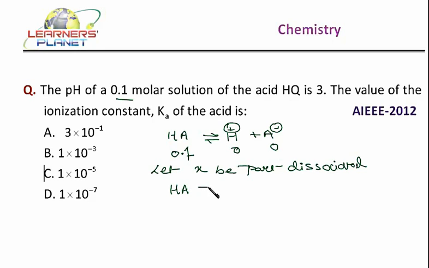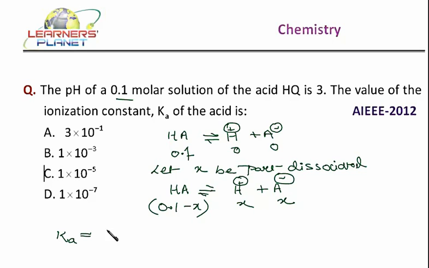So HA will be giving H plus and A minus, and here it's 0.1 minus X, X and X. Now what will Ka be equal to? Ka, that is the ionization constant, will be equal to the H plus ion concentration times the A minus concentration upon HA.